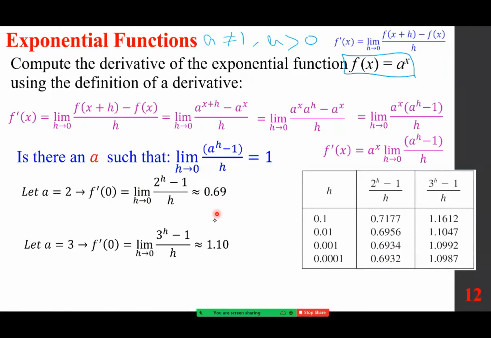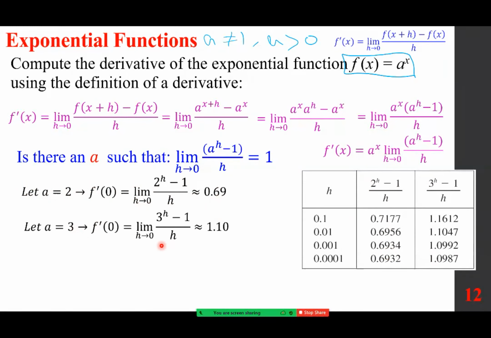For number 3, then it's 1.1. So we haven't found the number yet, but this says the number is somewhere between these two. That means the number is between numbers 2 and 3. And it's closer to 2 than 3.